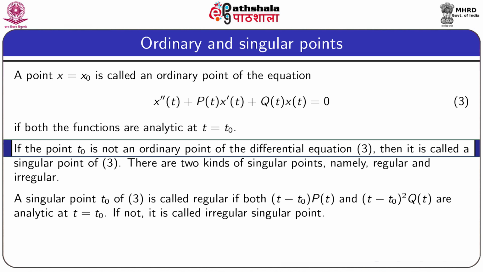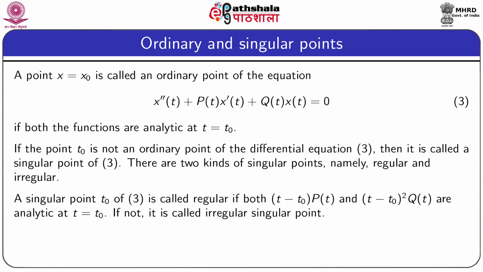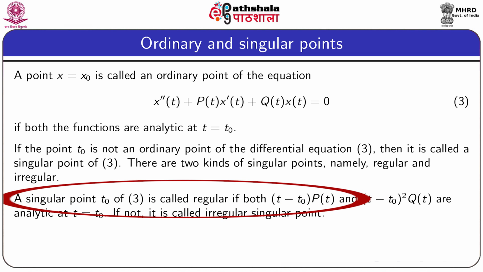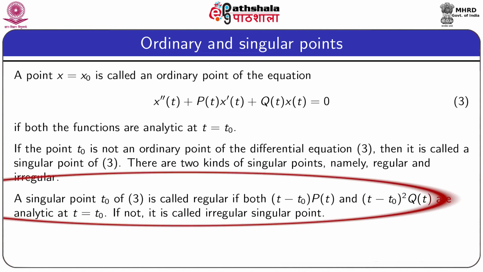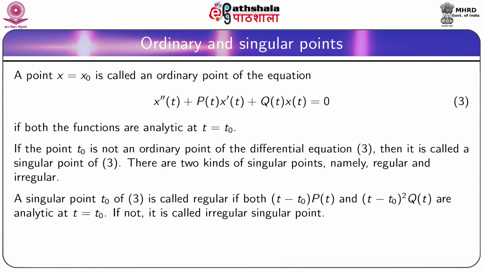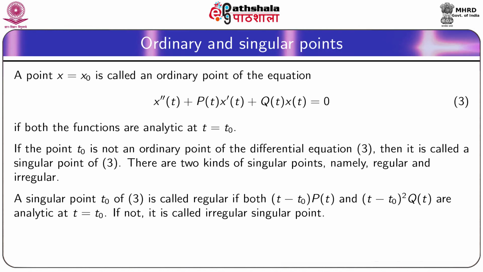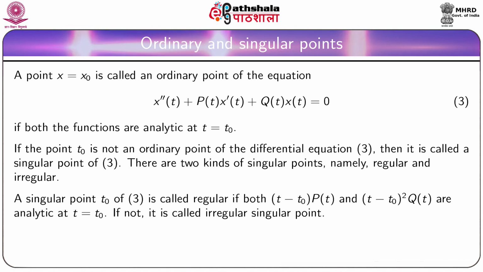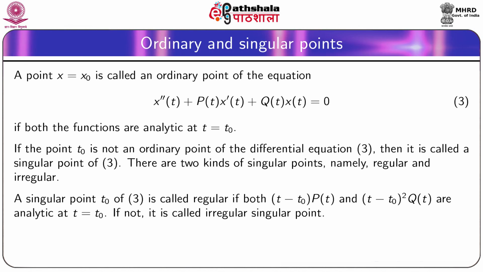If the point t0 is not an ordinary point of the differential equation 3, then it is called a singular point of 3. There are two kinds of singular points, namely regular and irregular. A singular point t0 of 3 is called regular if both the functions (t minus t0) p(t) and (t minus t0) square q(t) are analytic at t equal to t0. If not, it is called an irregular singular point.